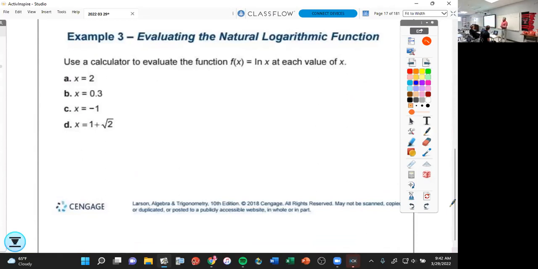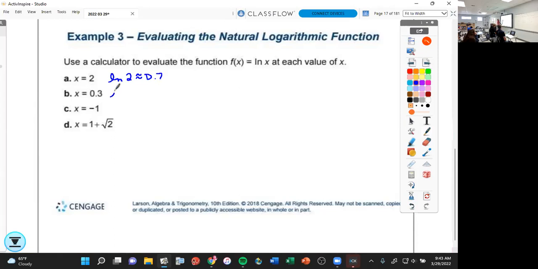What's the natural log of 2? What are you going to type? Make sure you do natural log, not log. So you got to do the second, right? So this means what is natural log of 2? Natural log of 0.3.